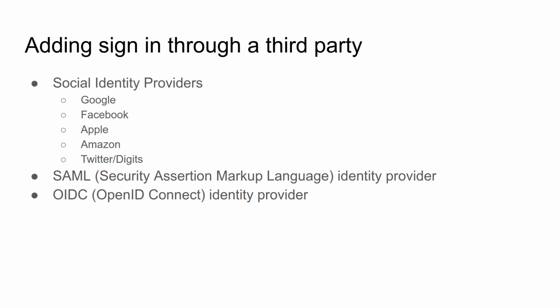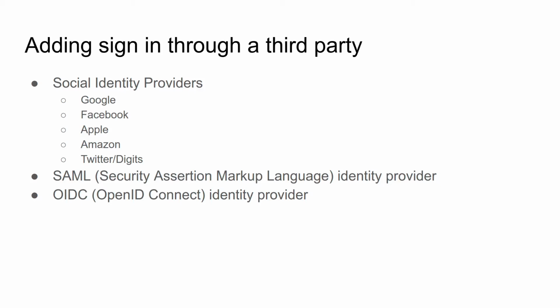Let's start with some theory. If you would go to Cognito and check what kind of integrations are available there, then you would see that you can integrate with various social identity providers like Google, Facebook, Apple, Amazon, or Twitter, and also with SAML, so Security Assertion Markup Language, and OpenID Connect.